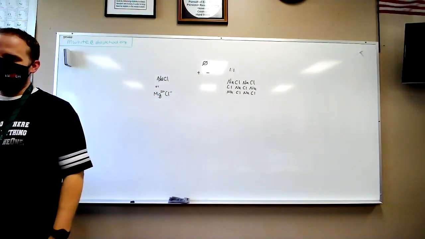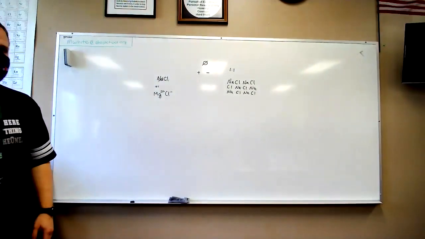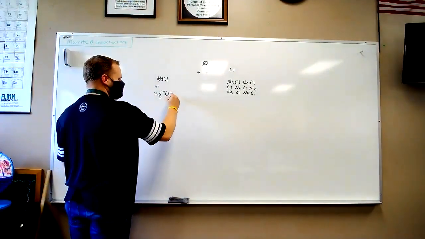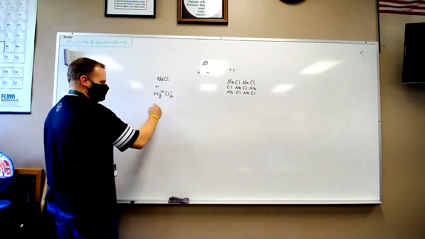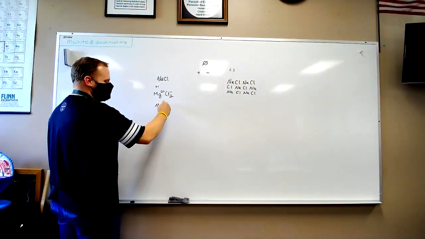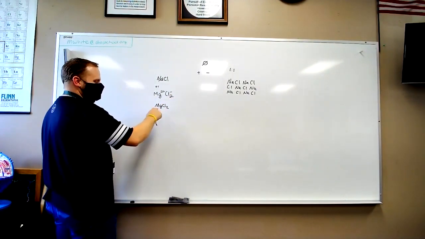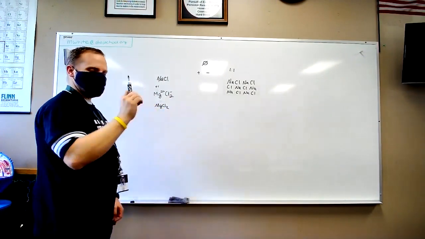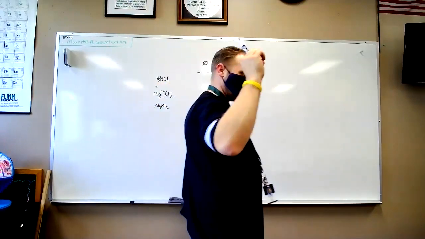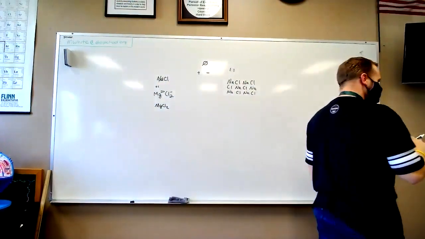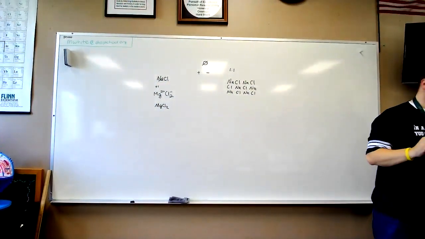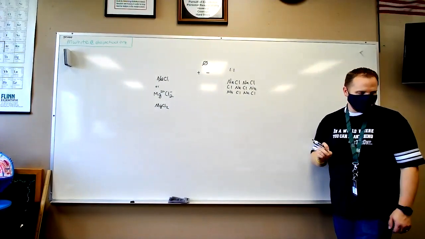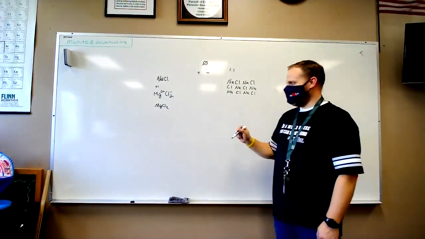How can we solve that? Well, it's actually pretty easy. We just have 2 chlorines. So the formula unit is MgCl2, because that gives us a net charge of 0. So when you're dealing with ionic compounds, that is something to remember.